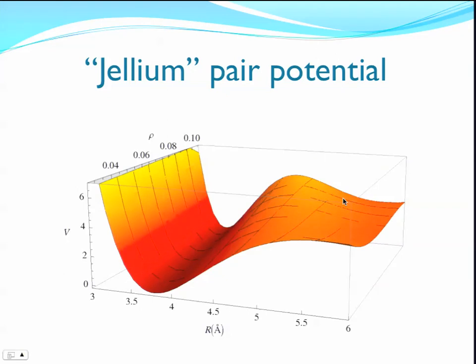You see that the shape of this potential is very unusual. There is a long-range wave behavior of the potential, and it really strongly depends on the density of the electrons. Essentially, this varying density of electrons allows us to mimic the pressure effect on the system.